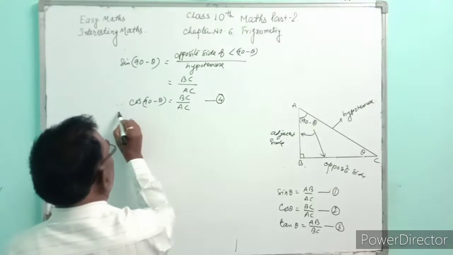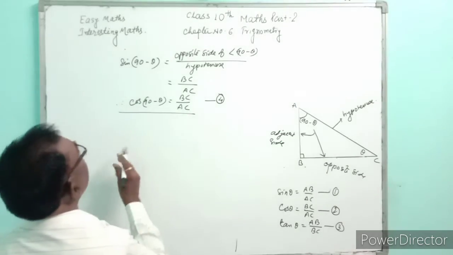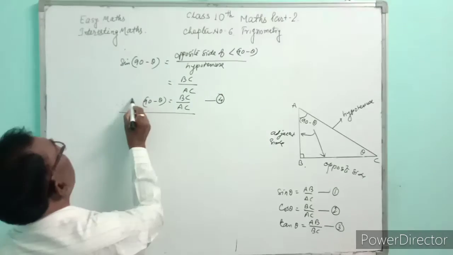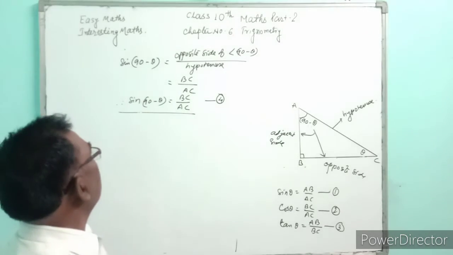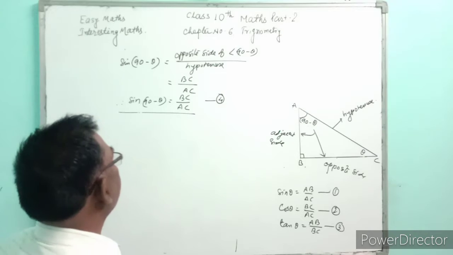Now, sin 90 minus theta is equal to BC by AC.